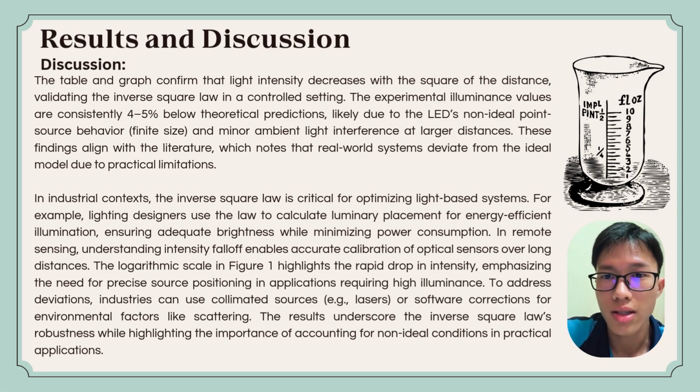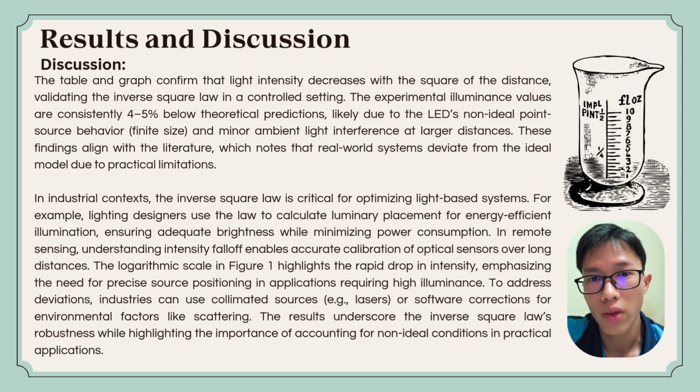These findings align with the literature, which notes that real-world systems deviate from the ideal model due to practical limitations. In an industrial context, the inverse square law is critical for optimizing light-based systems.